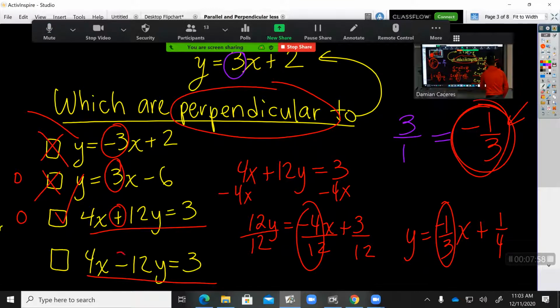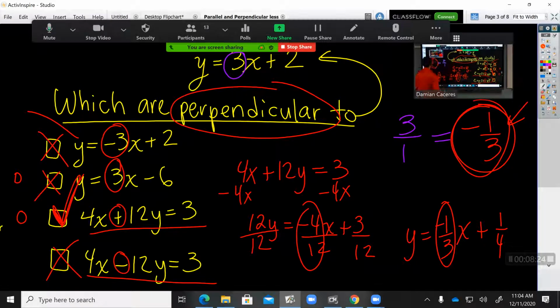The only difference is this sign. So if one of them gave us the correct answer, the other one has to give us the wrong answer. What do you think the slope is going to be for the last one? y equals positive 1 over 3x. Positive 1 over 3x, exactly. So that's why D is not the answer choice.